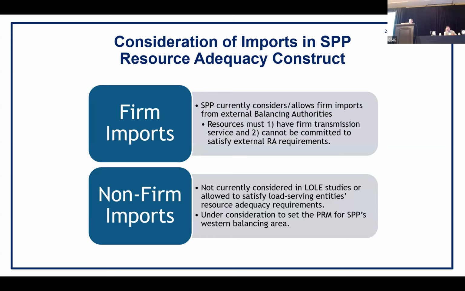But non-firm imports, and that's what we're talking about in this probabilistic assessment, are not currently considered in our LOLE studies, and they're also not allowed to satisfy load serving entities' resource adequacy requirements.